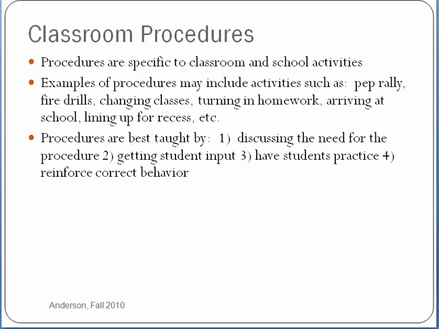You have to have specific rules for this for every activity within the day, especially for those younger students. Getting on and off the bus, things that also promote safety and structure within the school day.